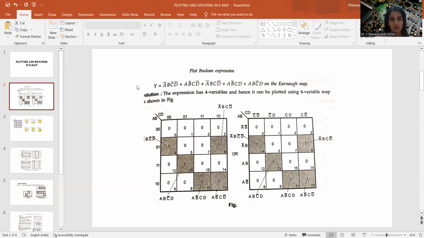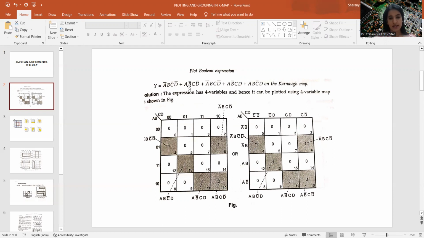Assuming the first product term A'B, C'D': A'B is here, C'D' is here. Coinciding with the AB expression and the CD expression, we plot a 1 in the fourth cell.